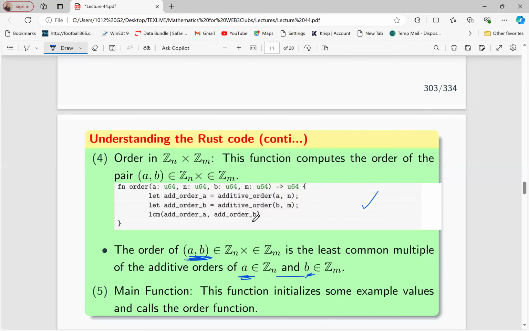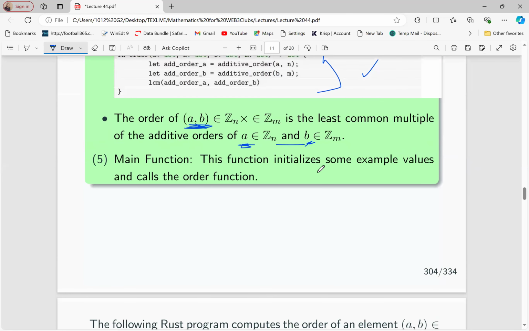It's just taking the LCM, and then the main function writes that. The main function, after initializing the elements you're inputting, has the other role of just calling the order function and then reading the order.